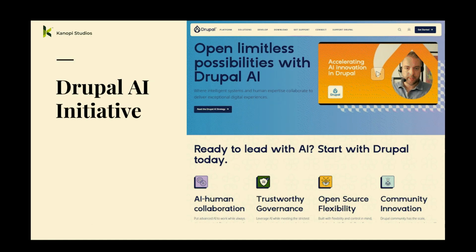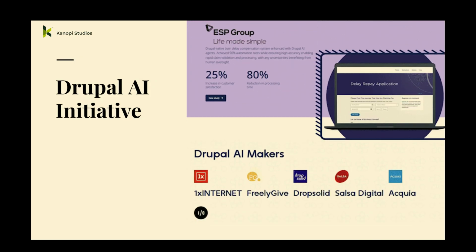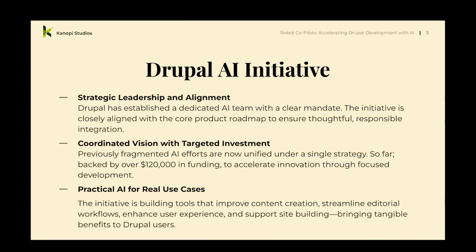Starting, I want to talk about the Drupal AI initiative. This is a new initiative within Drupal. There is a strategic leadership that focuses on a clear mandate and closely aligns the initiative with the project roadmap, so that integration will be thoughtful and responsible.